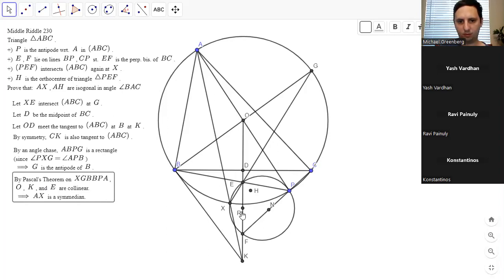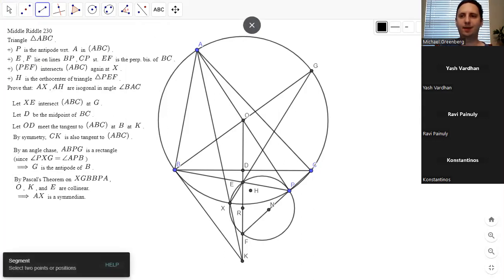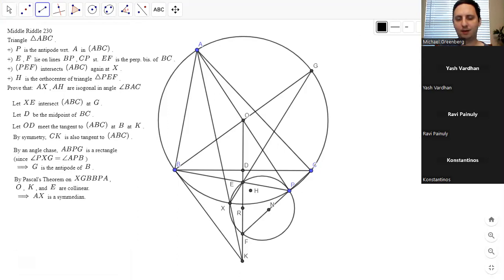It was Ravi's idea, R is the midpoint of EF, and we want to show that H is also the orthocenter of PDR. PH perpendicular to DR is obvious, and then we show RH is perpendicular to DP, and that is obvious because we know the antipode, orthocenter, and midpoint are collinear, so HR and DP are corresponding lines, and so they are perpendicular.